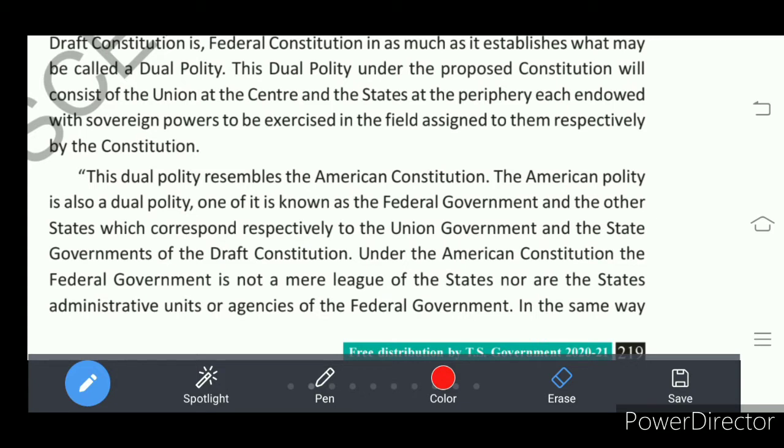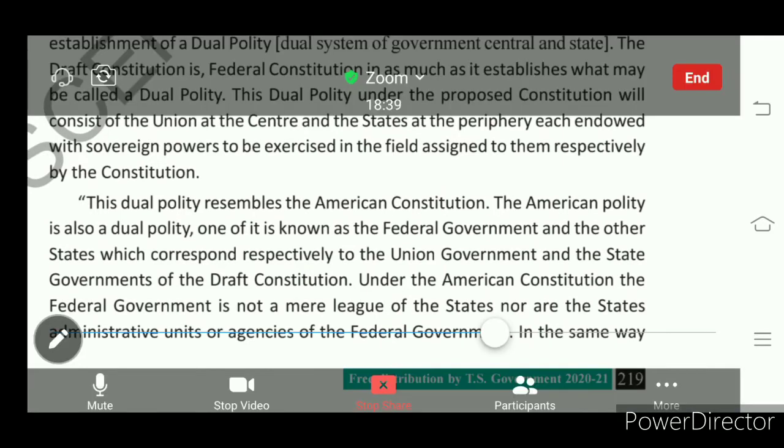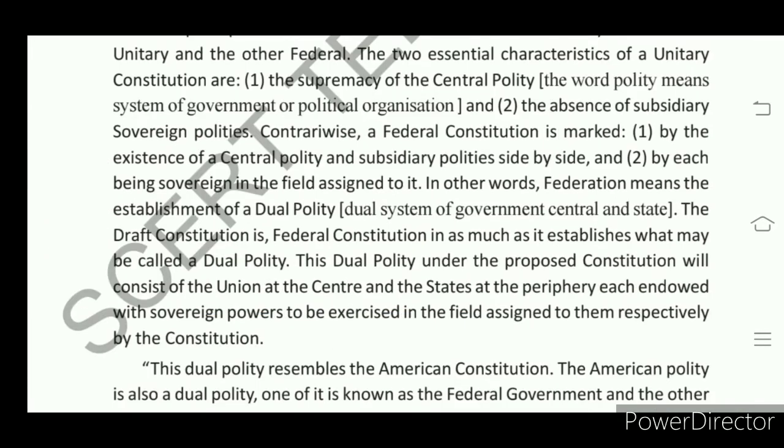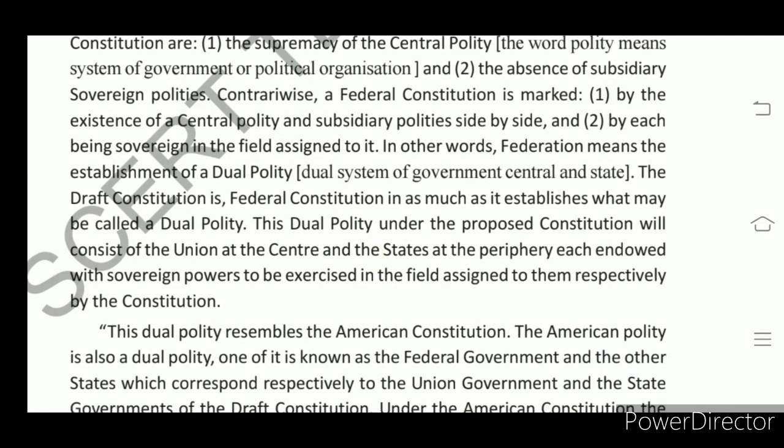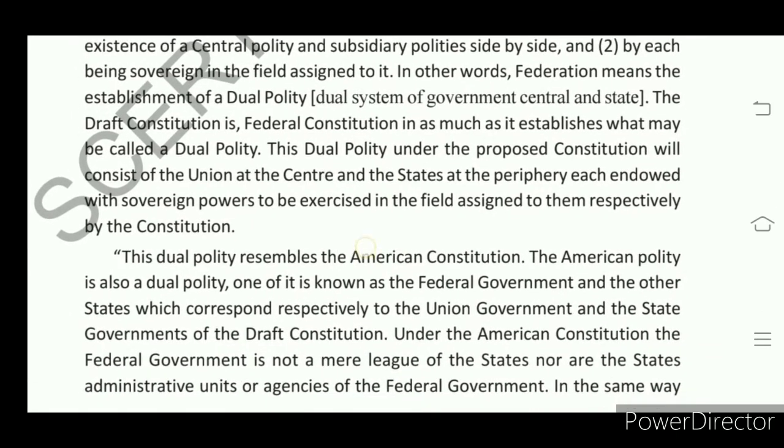But under the American Constitution, when there is a dual polity, a question will arise on certain aspects whether to follow the law of the state government or the central government.